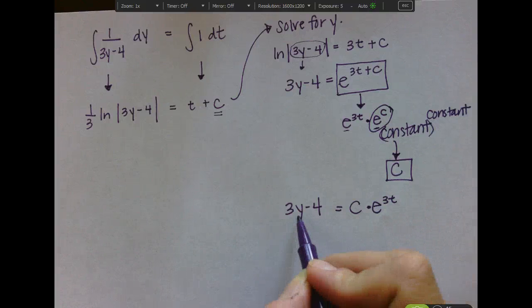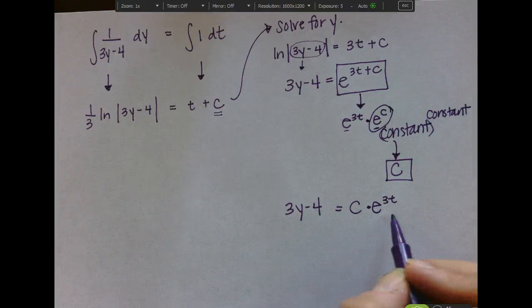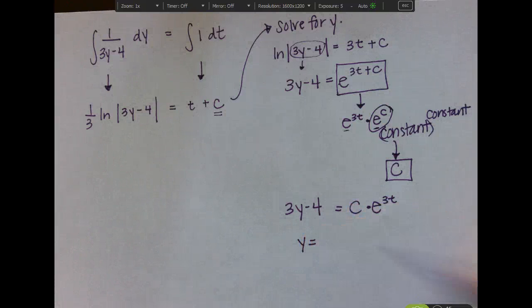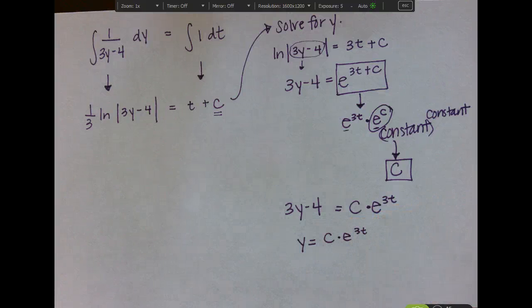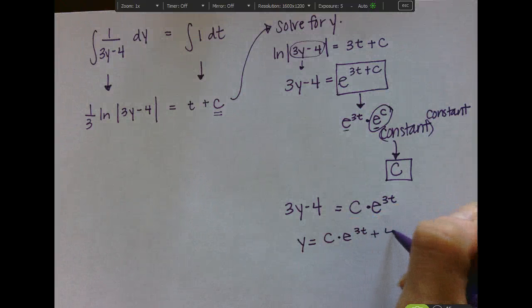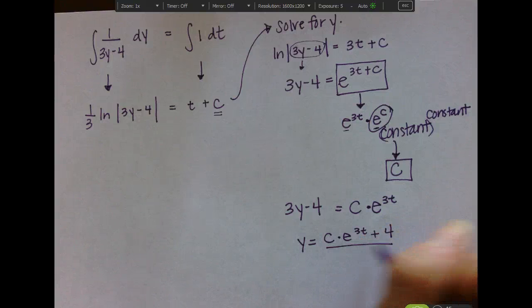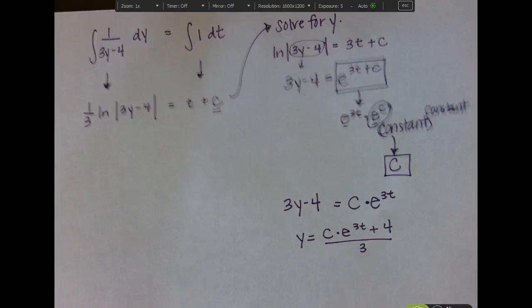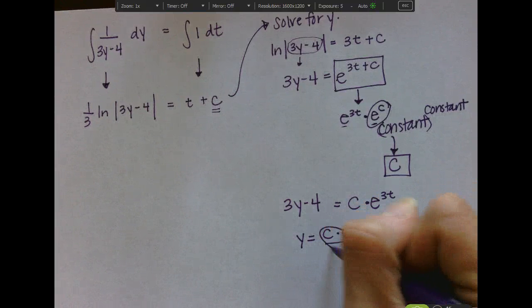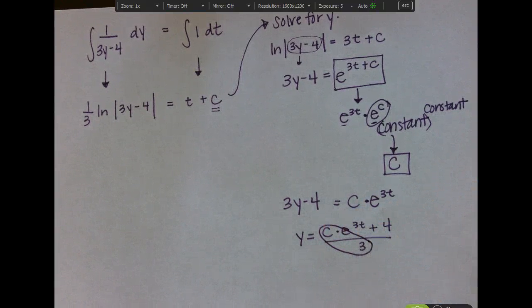Finishing this off, I need to solve for y, so I need to add 4 and then divide everything by 3. And so what I'll get is c times e to the 3t plus 4, again all over 3. We're going to, once again, group constants together.